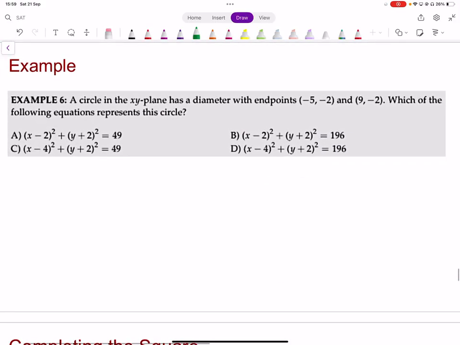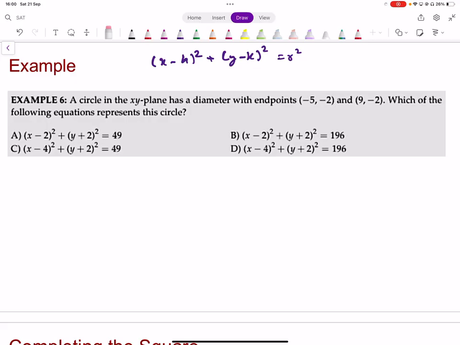A circle in the xy plane has a diameter with endpoints -5, -2, and 9, -2. Which of the following equations represents the circle? What do we need for writing down the equation of a circle? You need two things, center and radius. Can we find the radius? Find the distance between these 2 points and half that number. Midpoint will be the center of the circle.